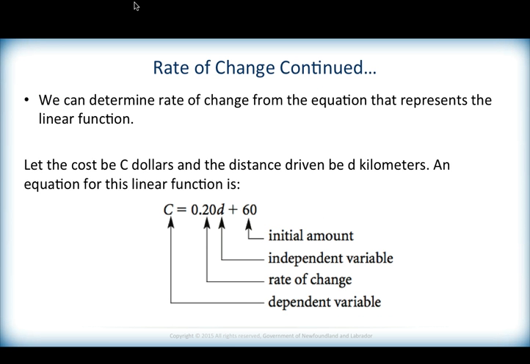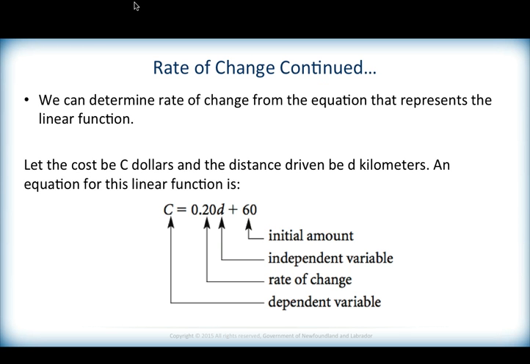We can determine rate of change from an equation as well that represents a linear function. So if we look at the example, let the cost be C dollars and the distance driven be D kilometers. An equation for this linear function would be C equals 0.20 D plus 60. And every piece of that equation has a meaning and represents something important. So the C represents cost, which is our dependent variable.